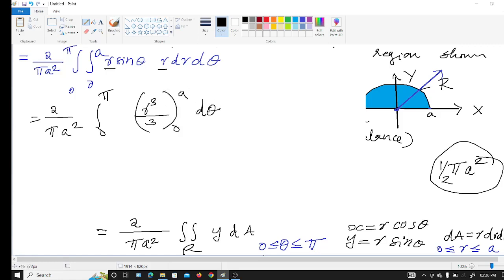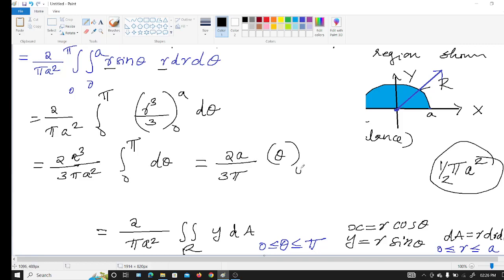Then there remains d theta. Here we missed one sin theta. One sin theta is here.